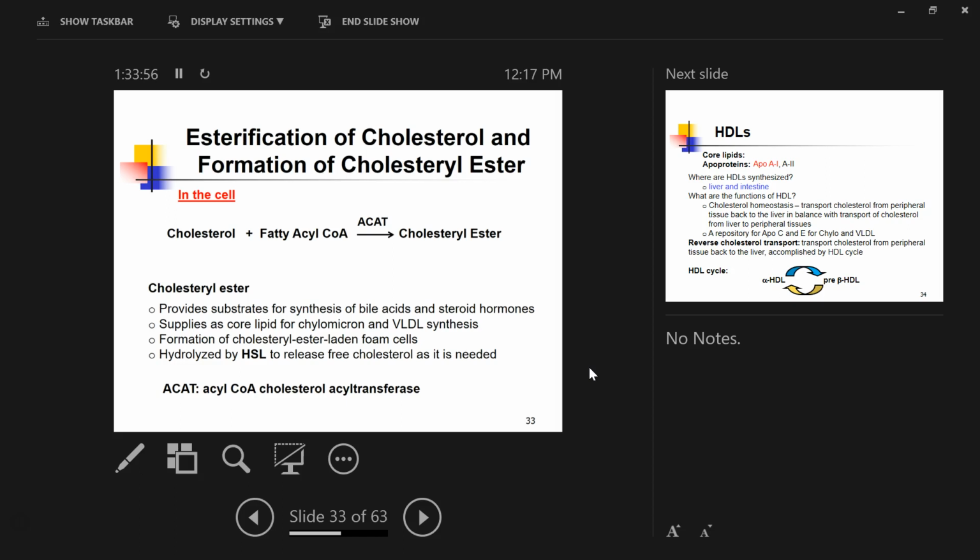This is the basis of atherosclerosis, the so-called atheroma formation. Or cholesterol ester can be hydrolyzed by HSL to release free cholesterol whenever it's needed.